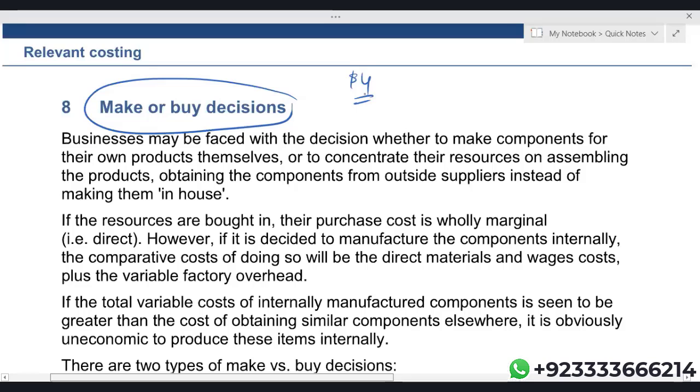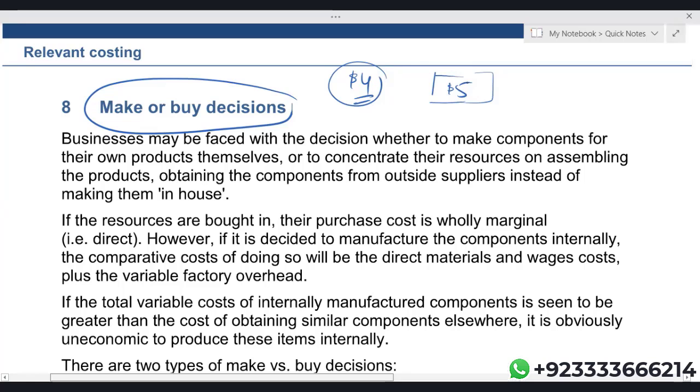cost is variable cost per unit, relevant cost per unit is $4. And if you're buying the same thing from outside and let's say it will cost you $5 per unit, then straightforward, I will reject, I will not buy it from outside.